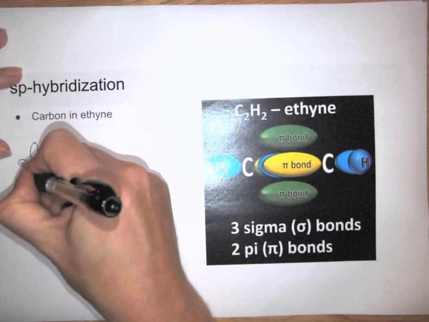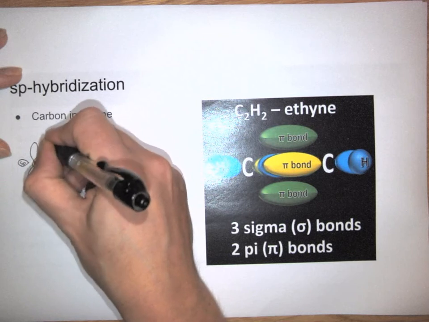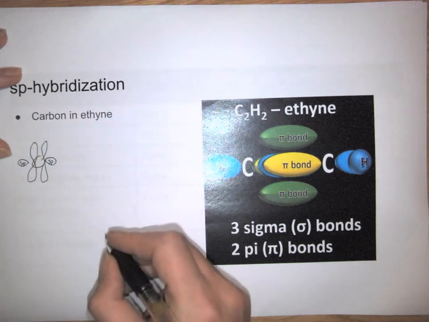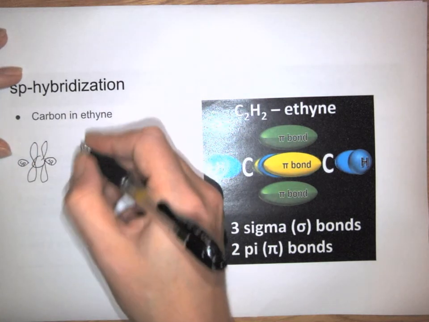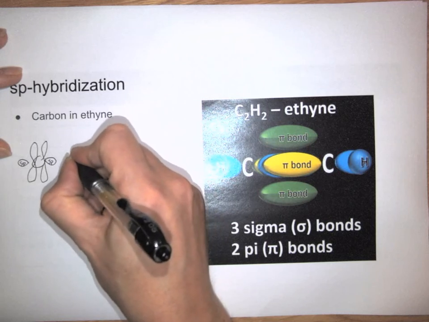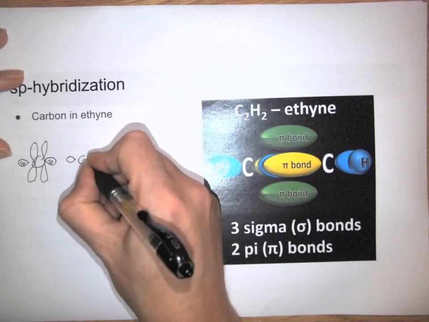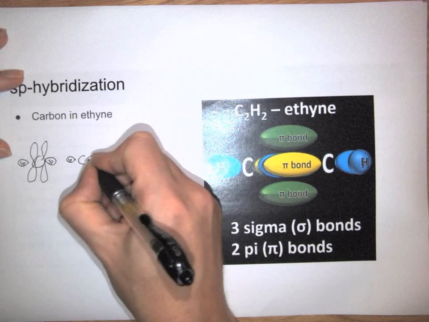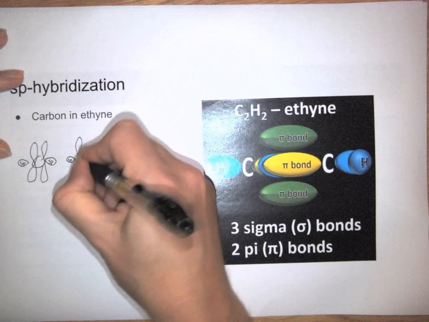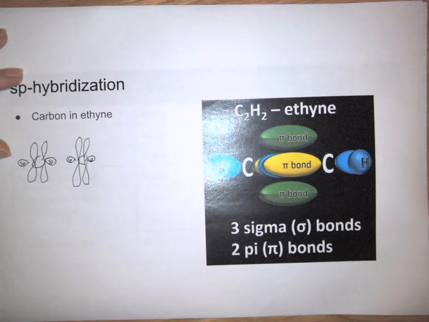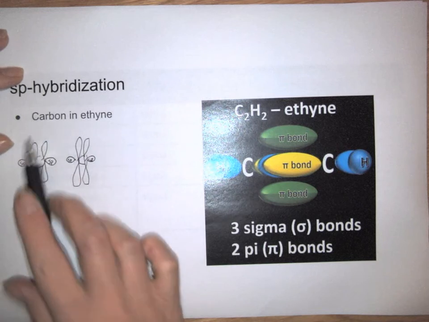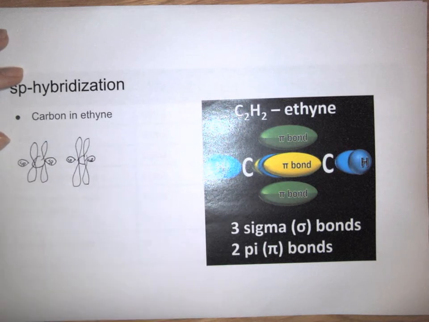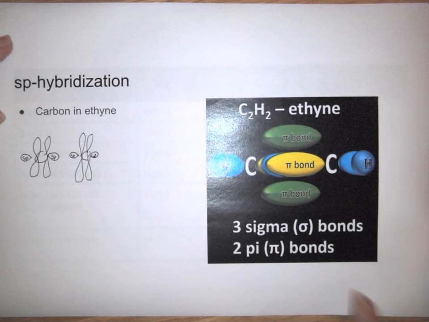So we have 1 and 2. And then we do the same for the next carbon. We have an sp hybridization, two of them, sp and sp, and then we have two p orbitals. Of course, one will be in the y-axis and one will be in the z, but it's really hard to draw it in its 2D molecule here.